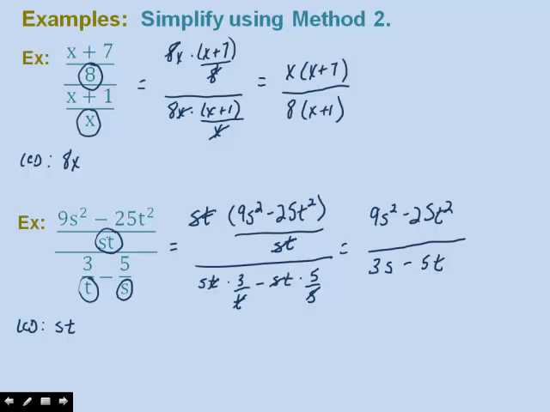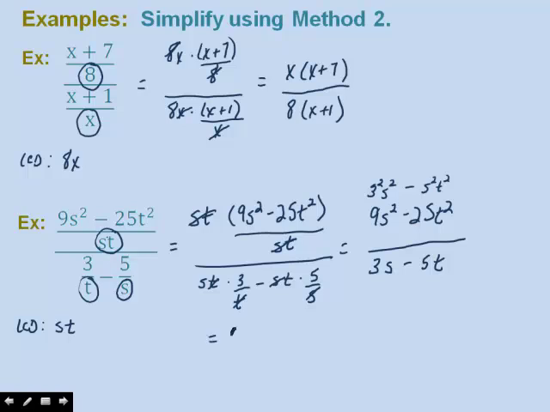Now we want to simplify if possible. If we look at our expression in the numerator, notice that 9 is a square, so we have 3 squared times s squared, and here we have 5 squared times t squared. Since we have all squares and they're subtracted, we can write this as the difference of squares.